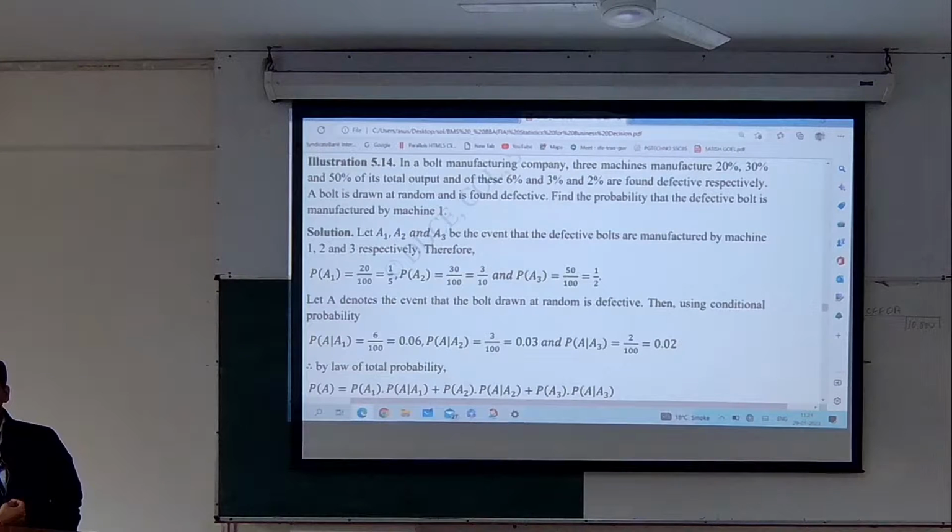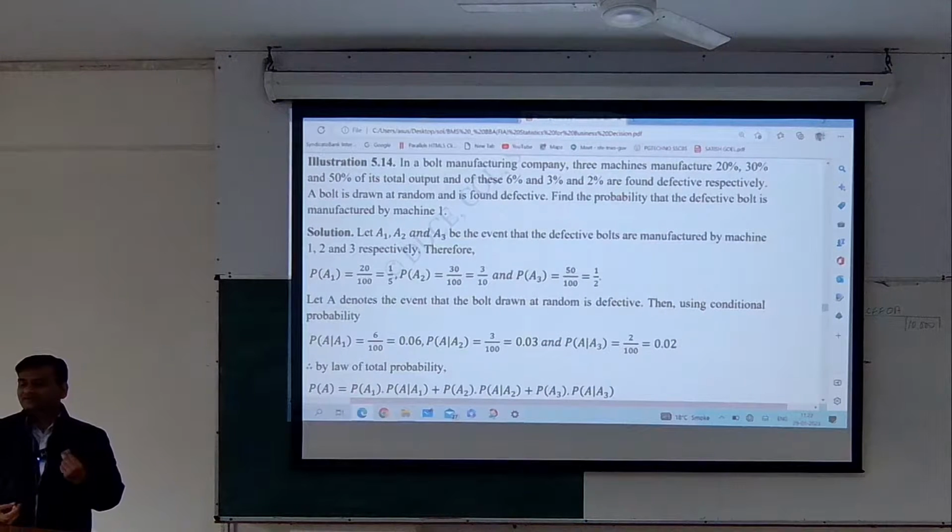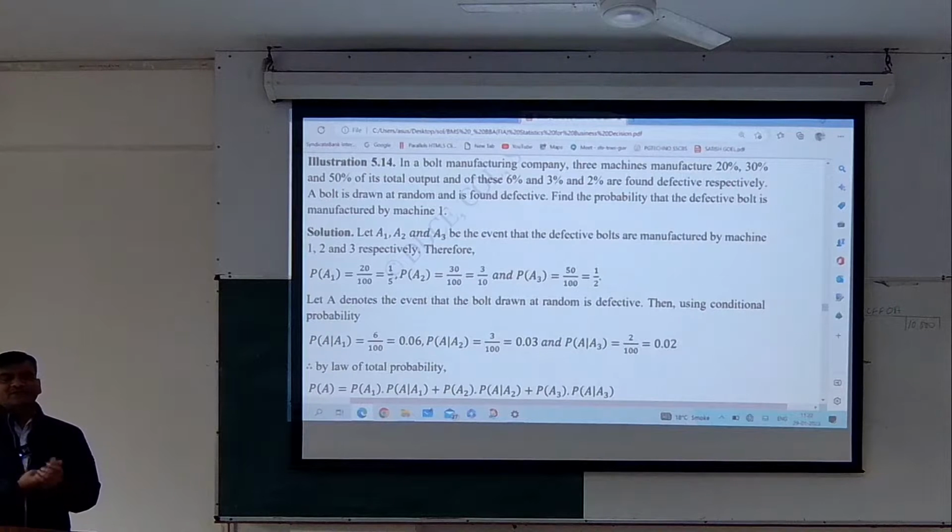So a bolt is drawn at random and it is found to be defective. Find the probability that the defective bolt is manufactured by machine 1. Okay, so look here, this is a good example. We have 3 machines, we know how much production each is doing, and we also know the defective rate: 6%, 3%, 2%.